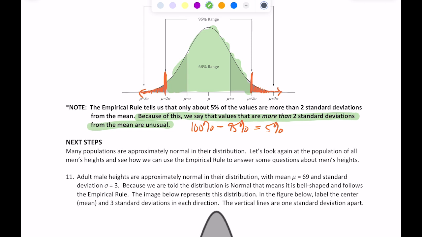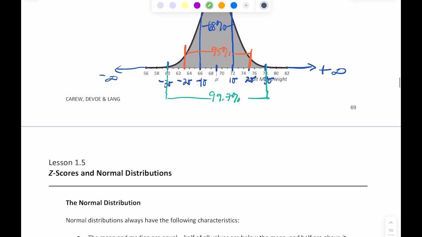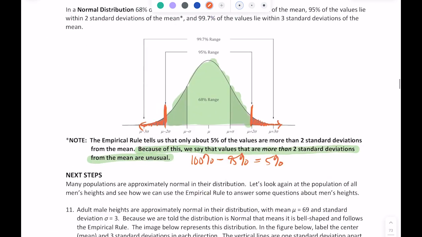I want to make sure I have the right values. Yep, 75 and 63. So this is 75 inches and that's 63 inches. Any males more than 75 inches or less than 63 inches would be considered to have an unusual height, which just means it's rare to find that height.